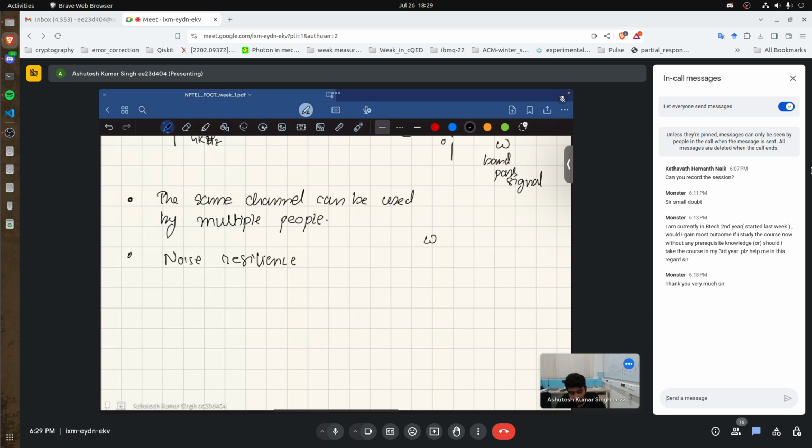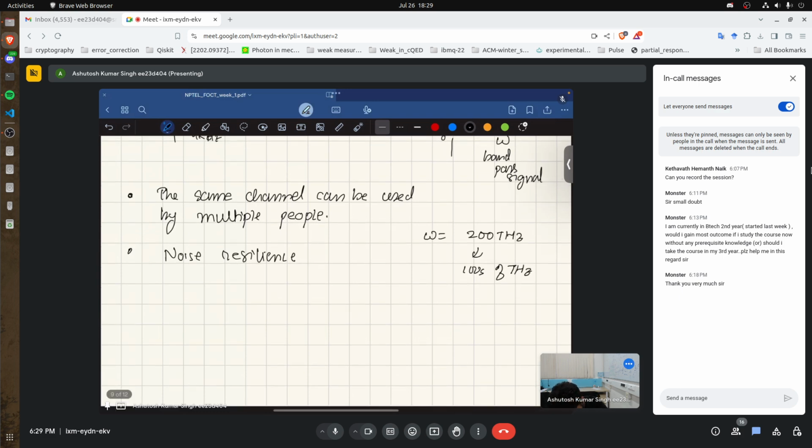Light has a frequency of about, let's say, 200 terahertz, so the frequency is in the hundreds of terahertz. Most sources of noise and perturbation are at a much lower frequency. So if this is your frequency spectrum and your noise is here, your signal is so far away that those kinds of noises are less likely to damage the information content on your carrier. These are some of the benefits of modulation.